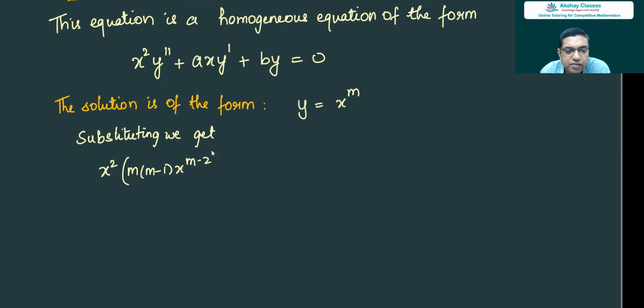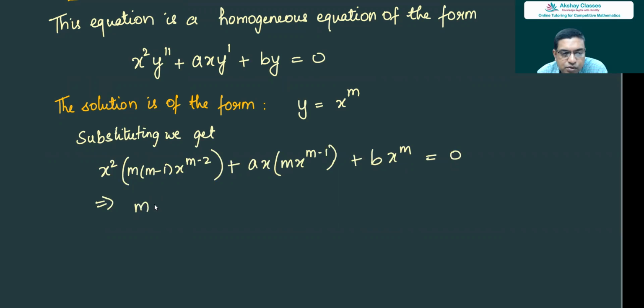This is the second derivative, plus a into x times the first derivative m x to the power m minus 1, plus b x to the power m. So you get m into m minus 1 x to the power m plus a into m x to the power m plus b x to the power m is equal to 0.